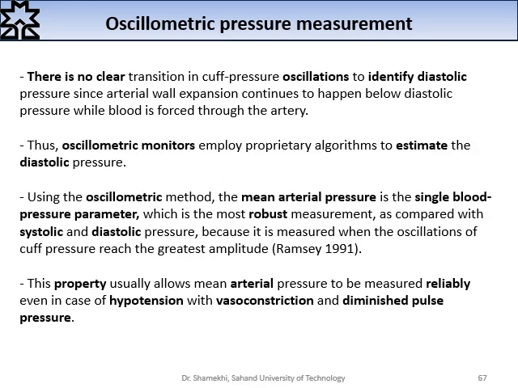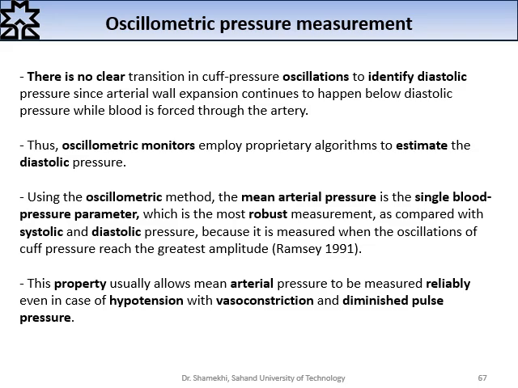Oscillometric pressure measurement is a very common technique in measuring blood pressure, but it suffers from some serious problems. One of the most important problems is detecting the diastolic pressure.